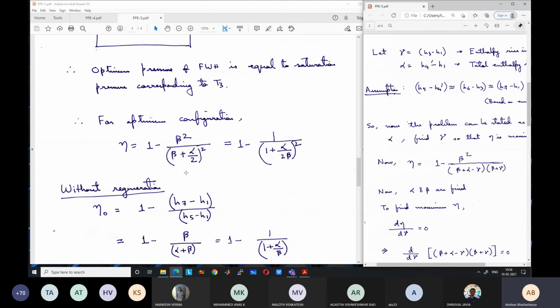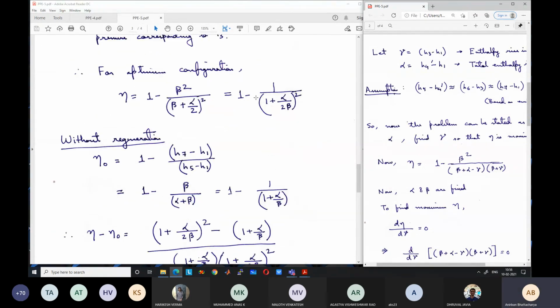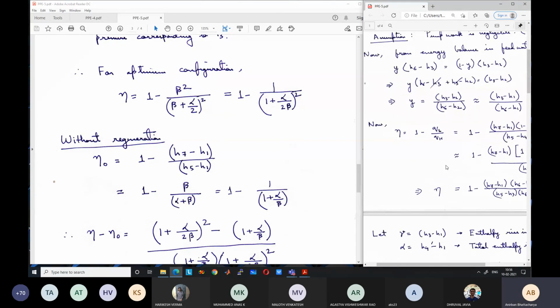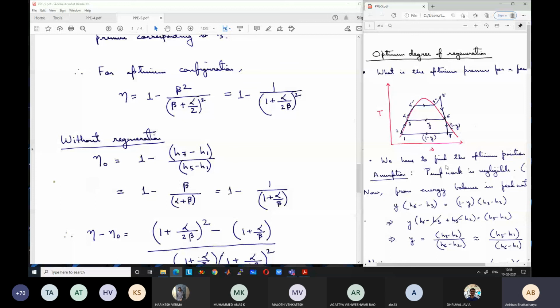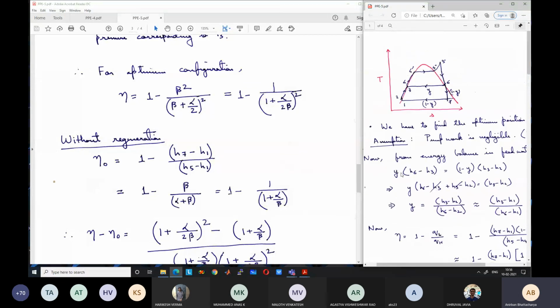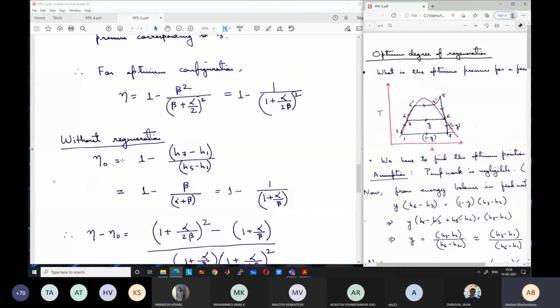Without regeneration also we can find the efficiency. Without regeneration, the efficiency eta 0 can be written as 1 minus H7 minus H1 divided by H5 minus H1, because heat rejection in the condenser is H7 minus H1 and heat addition in the boiler is H5 minus H1.